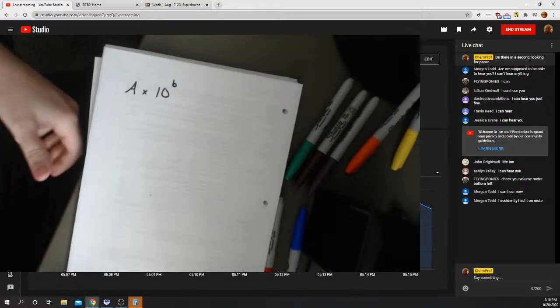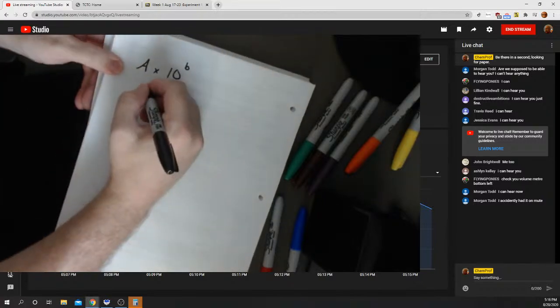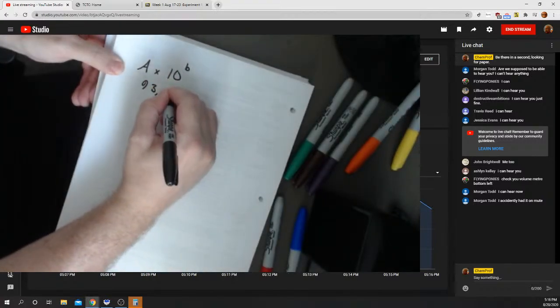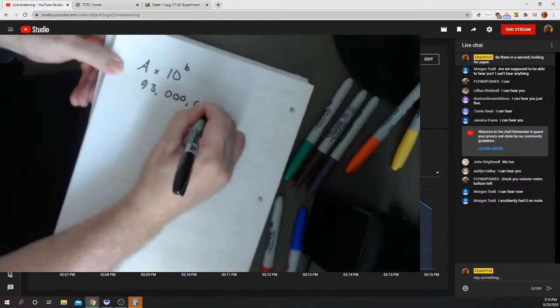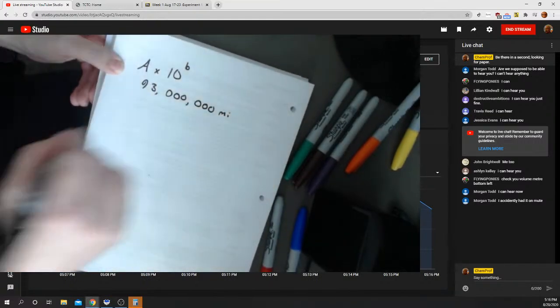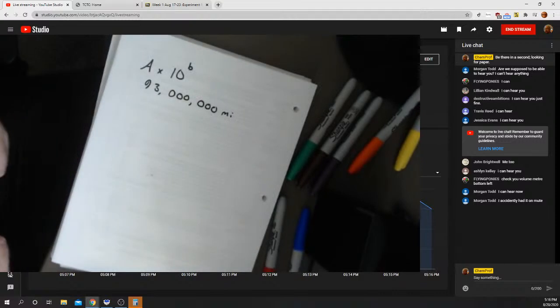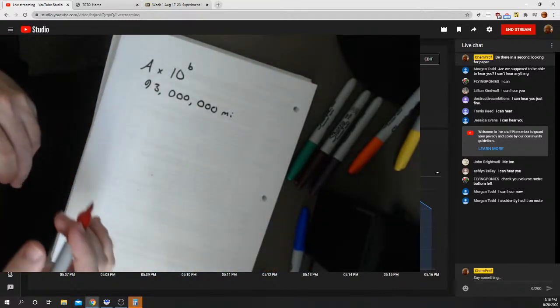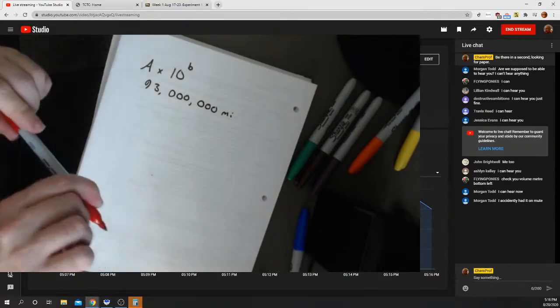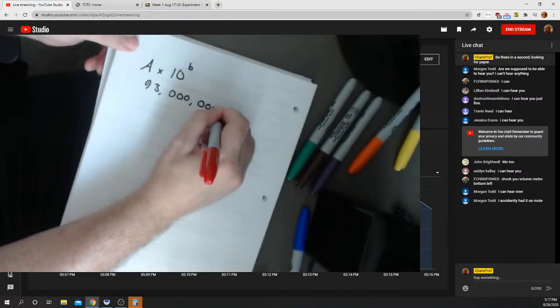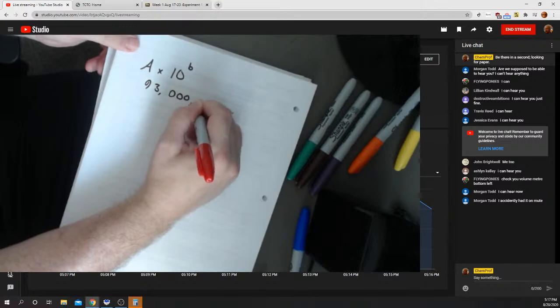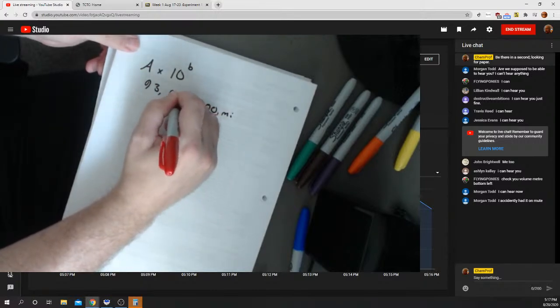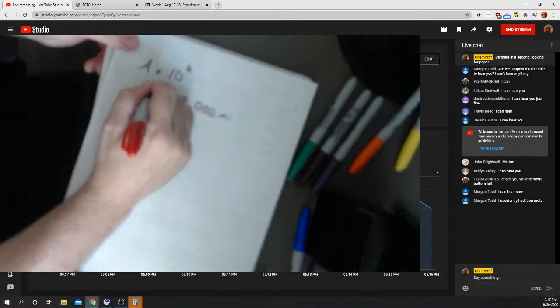So the average distance of the Earth to the Sun is 93 million miles. To put that in exponential notation or scientific notation, you just move the decimal point until you have a number from 1 to 10. So 1, 2, 3, 4, 5, 6, 7.